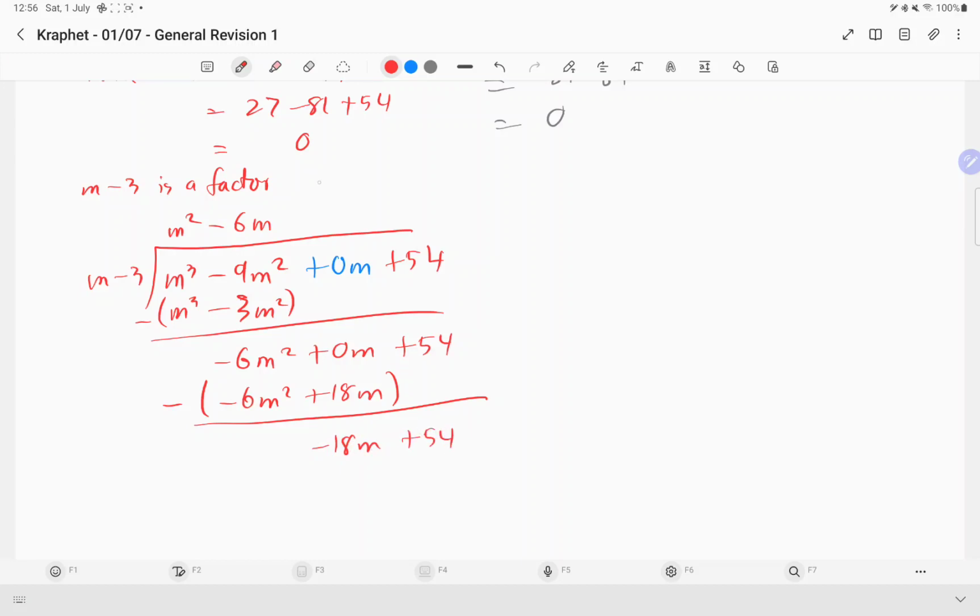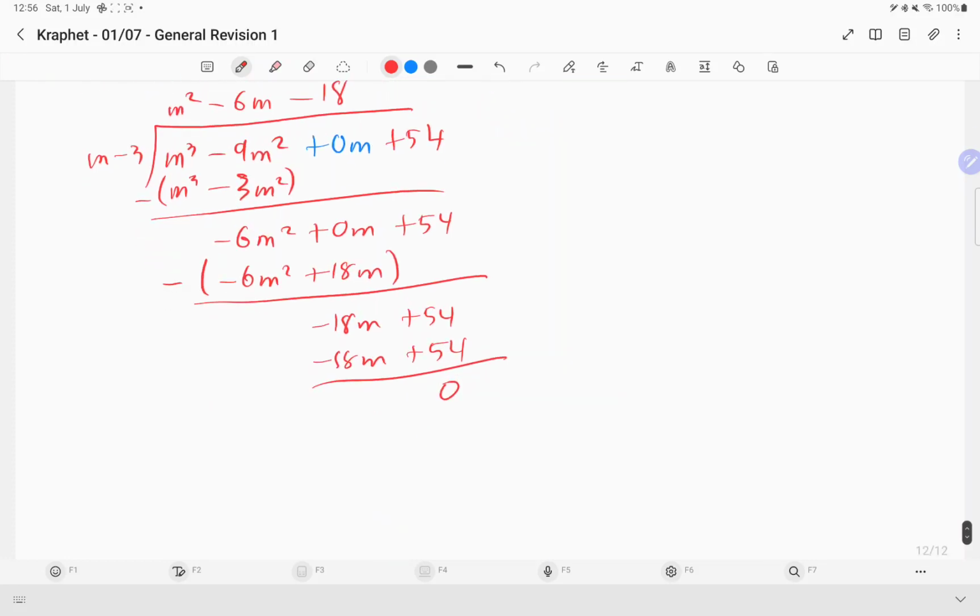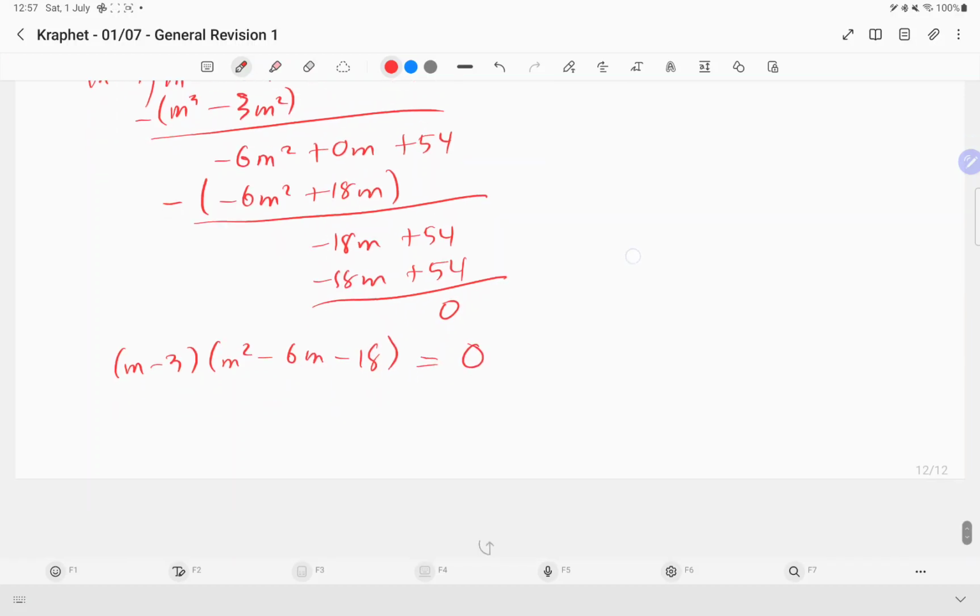Alright, so that'll be minus 18m plus 54, which gets to 0. Perfect. So then that means we've got m minus 3 and m squared minus 6m minus 18 must equal 0. Okay, then continue solving this.